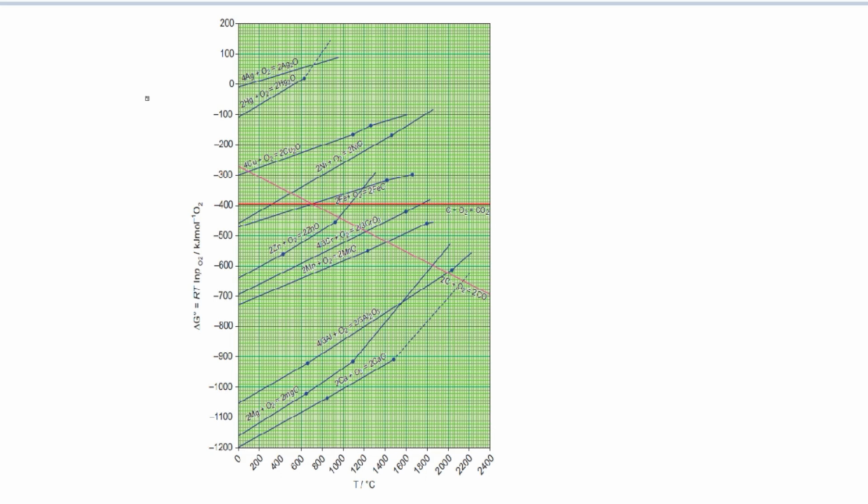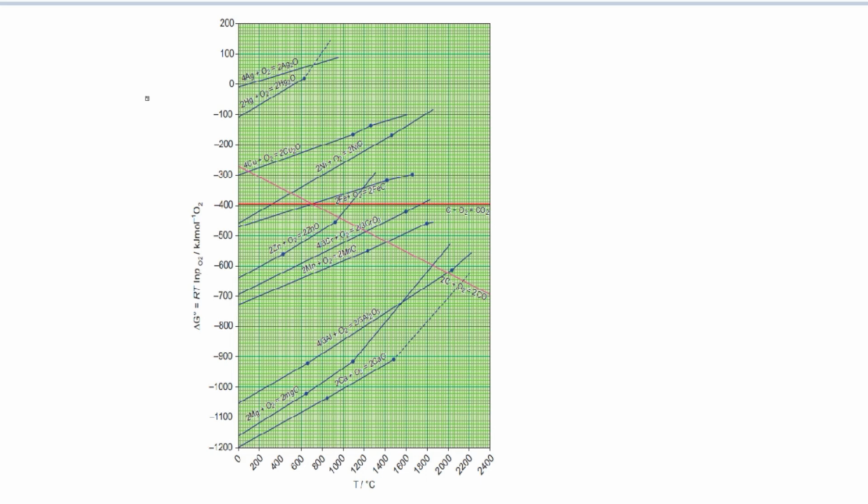In the same graph, we can see that the formation of oxides of active metals lie below the formation of oxide of carbon, that is carbon dioxide, which means these active metals cannot be reduced by carbon at low temperature.